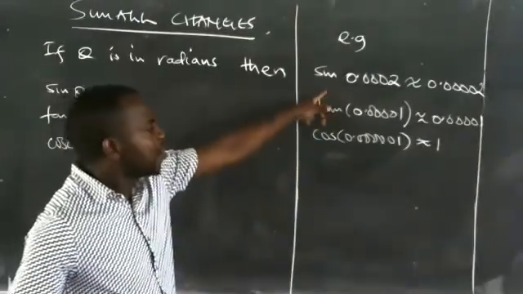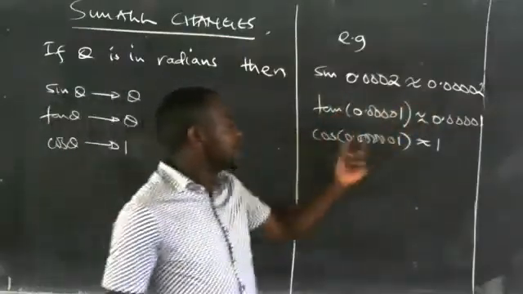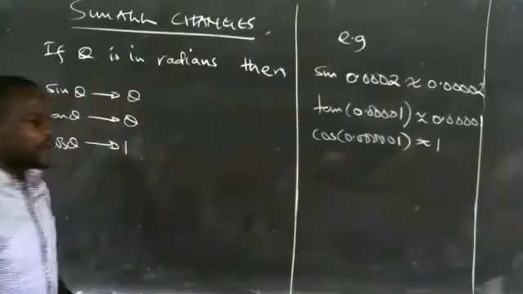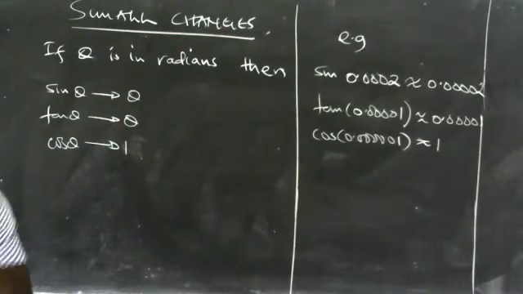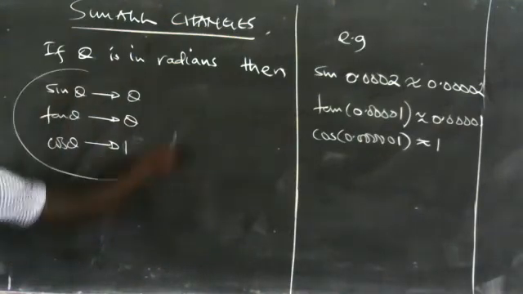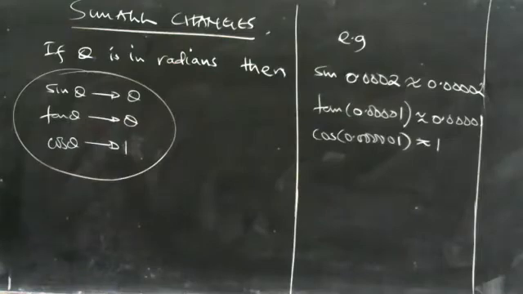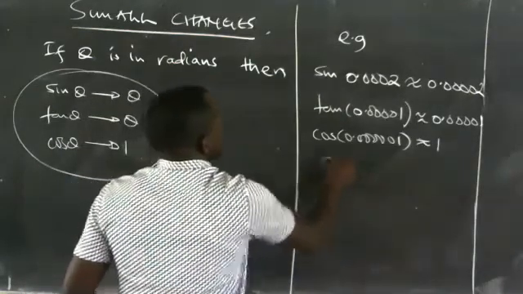Sine of this angle, you get the same angle. Tan of the angle, you get that, and cosine, you get 1. I need you to know that. It's very, very important. This is where we have begun from. Then, shall we look at other limits?